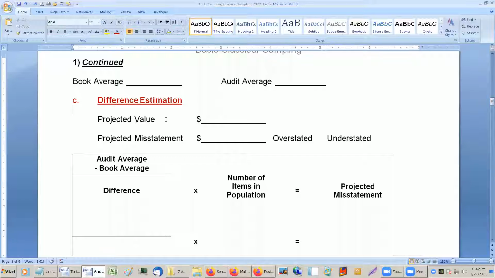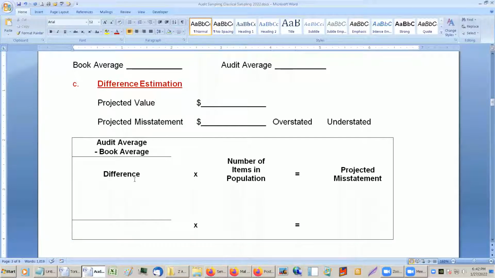Maybe they didn't have the handling charge entered, or maybe they have it entered when they shouldn't have. It could go the other way too. So when you have these fixed amounts that they're possibly off by, that's when difference estimation comes into play. It doesn't matter whether it's a $50 order or a $50,000 order, they're likely to be off by the same amount.